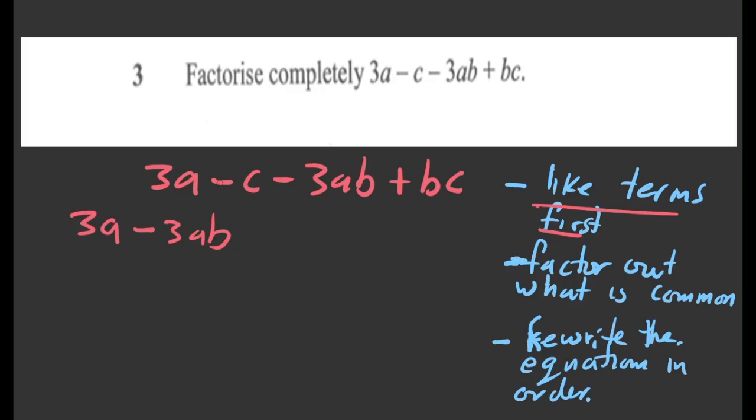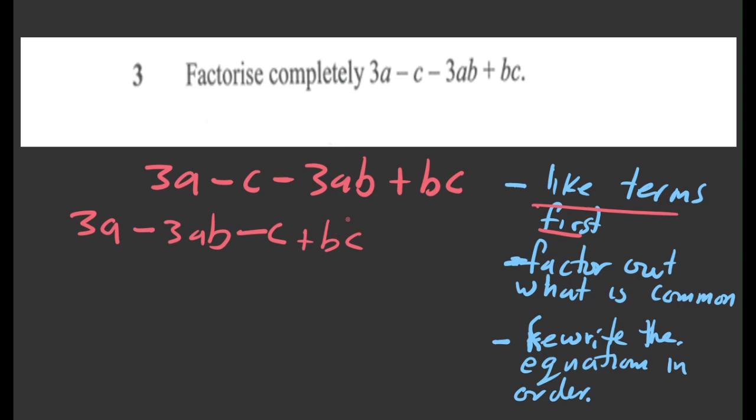And then you go back to this one, where you say minus c, and then this one plus bc. We have collected the like terms there. I hope I haven't left out anything.